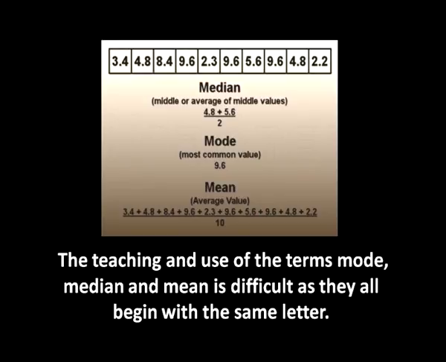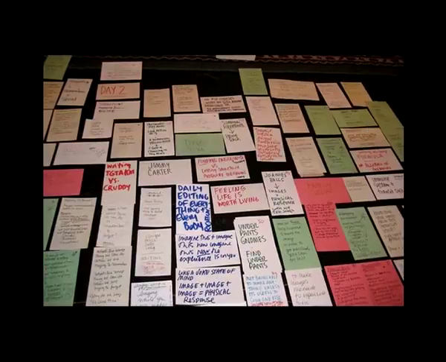The teaching and use of the terms mode, median and mean is difficult as they all begin with the same letter. When teaching, it might be useful to use separate color index cards with the words and their meanings written on. Example: mode, most frequent; median, middle; mean, average; range, biggest minus smallest.